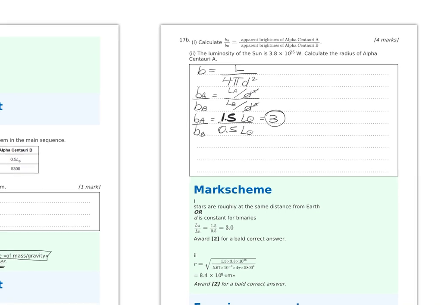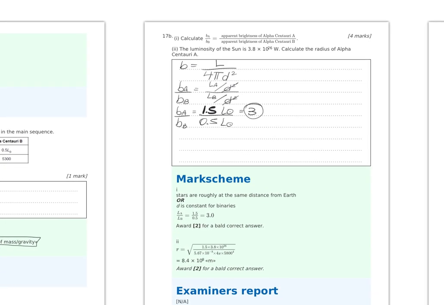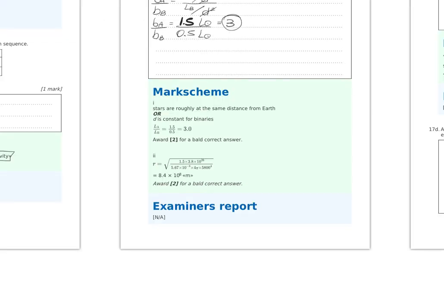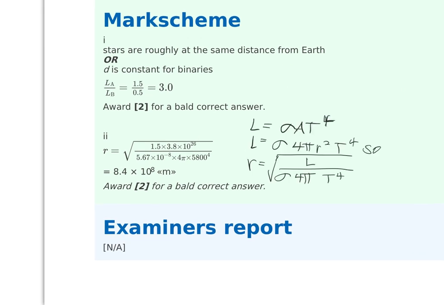But that is the first part. The second part, it says luminosity of the sun, calculate the radius of Alpha Centauri A. Let's just use the answer down here, because here's where the radius comes from. Luminosity is Stefan Boltzmann, area, T to the 4th, area is 4 pi r squared. Solve for r. It's radical L over Stefan Boltzmann, 4 pi T to the 4th.